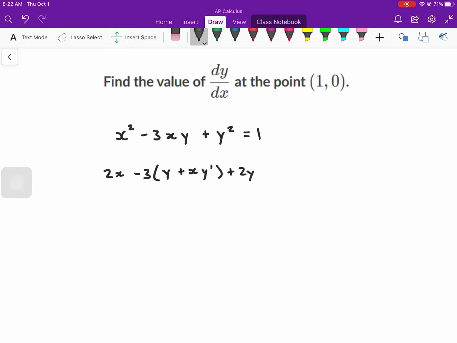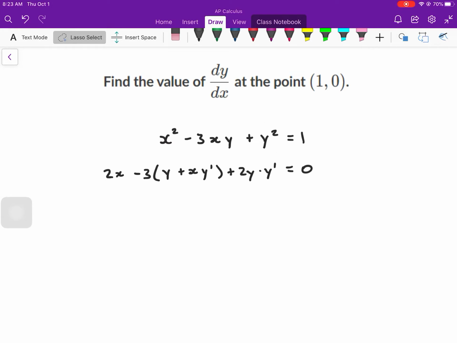Plus 2y times y prime. And remember, you can see the above example on how, 2 times y and then the derivative of y is just y prime. We have to do the chain rule. And derivative of 1 is 0. That's actually probably one of the biggest mistakes, is some people forget to take the derivative of that constant on the other side. All right, let's distribute that negative 3.